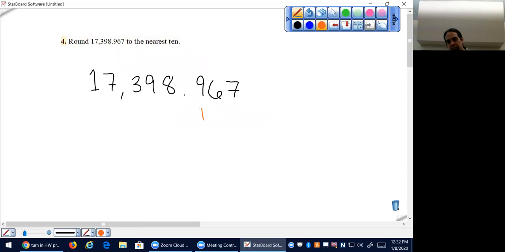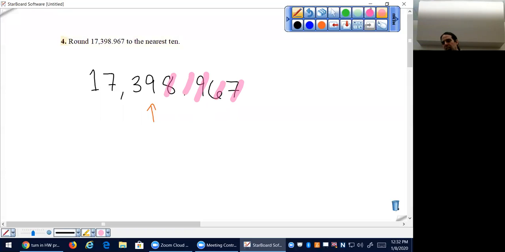Which am I looking at? The 9 or the other 9? Yeah, I want 10, not tenths. So I'm trying to round to that. So I'm going to get rid of all that stuff.